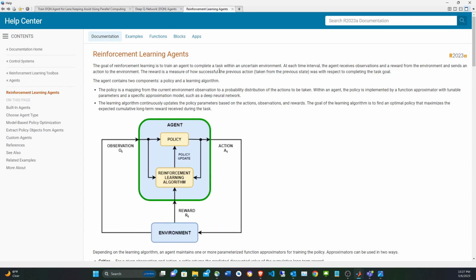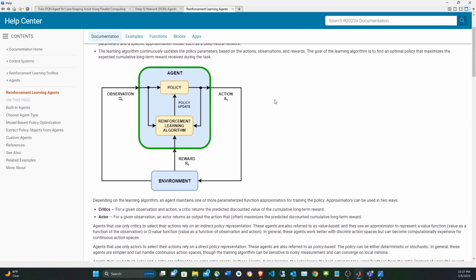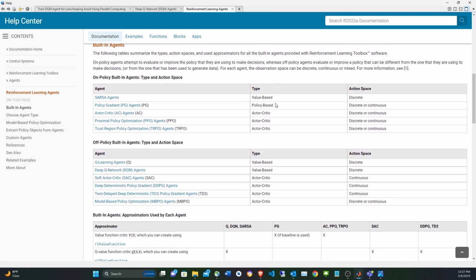Let's take a look at how the DQN looks relative to other agents. It's an off-policy agent, it doesn't depend on the policy. So it doesn't have an actor, just a value; it is value-based.